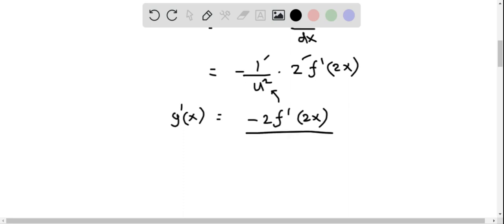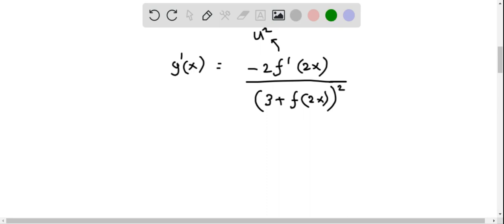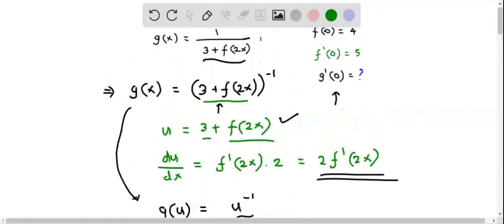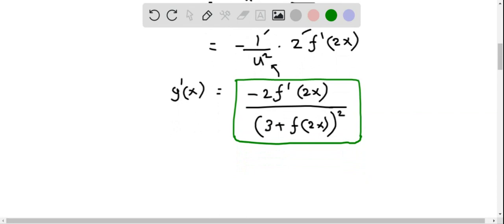Divided by the denominator expression, we replace u by 3 plus f of 2x. And this is u squared, so this becomes the quantity squared. And so this is the expression for g prime of x. That is, this is the derivative of g of x. Now we should find g prime of 0. So we have to replace x by 0 in this g prime of x.